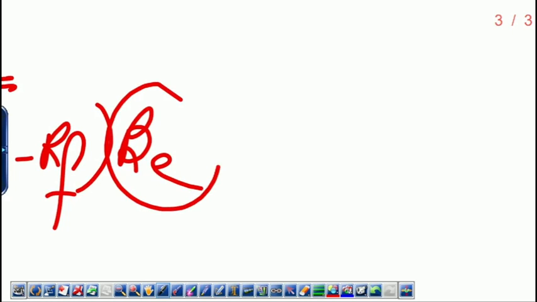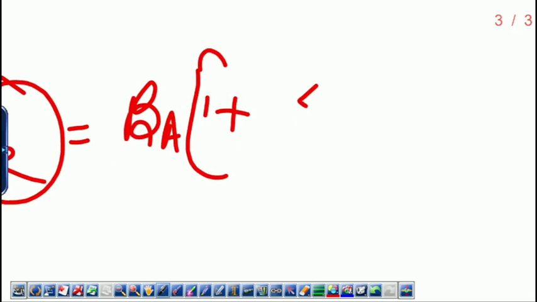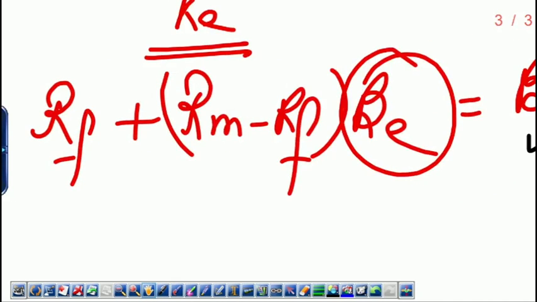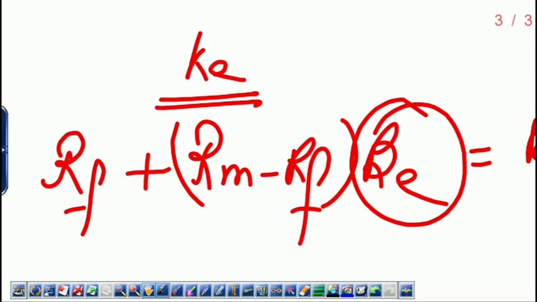So this equity beta is equal to the asset beta, unlevered beta, into 1 plus D by E into 1 minus T, correct? So everything is given to you. You know this asset beta, you know the debt, you know the equity, you know the tax rate. So you calculate the equity beta. You put the equity beta, RF is given 8.5, RM minus RF is given. You get the KE. Okay, I'm not doing it. Perfect. You get the KE.